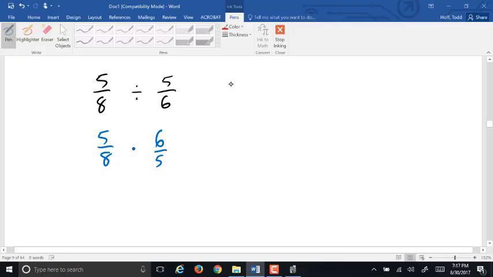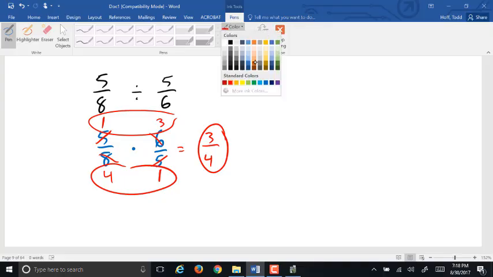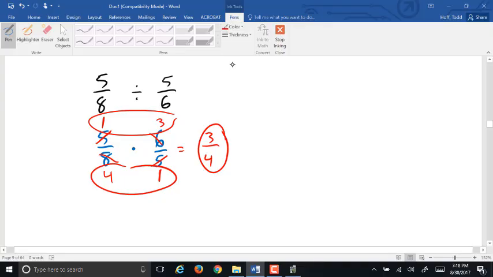Anything we can do with multiplication, we can still do here, which means we can cross cancel. 5 divided by 5 is 1 in both cases. The 6 and the 8 both divide by 2. 6 divided by 2 is 3. 8 divided by 2 is 4. So 1 times 3 is 3. 4 times 1 is 4. So 5/8 divided by 5/6 is just 3/4.